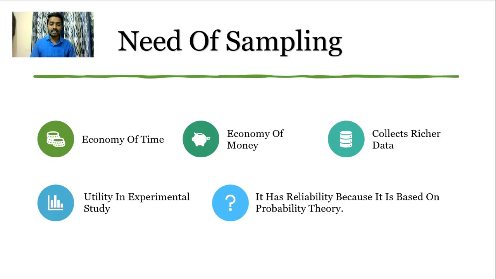Then, collects richer data. Yes, sampling collects richer data, because the methods of sampling have a scientific approach in them. Let us take an example of systematic sampling. In systematic sampling, we choose every nth person.